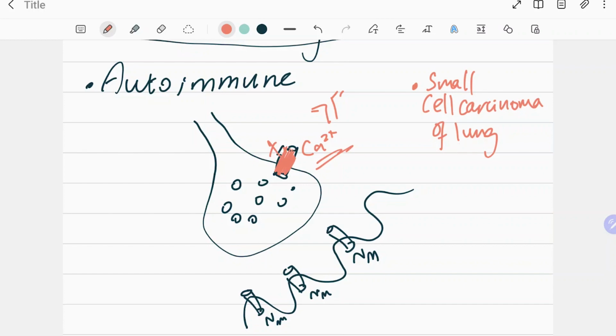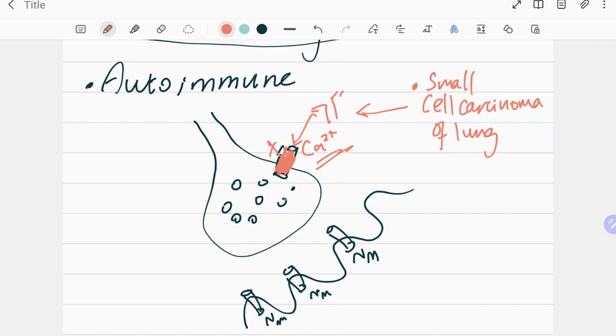It doesn't just grow and damage the lung and eat up all the nutrients which should go to the healthy tissues. Tumors can do other things. Sometimes they can release hormones and chemicals which are not required because it's unregulated. So these tumors can sometimes make antibodies. In this case, we induce the production of these antibodies that are going to damage your voltage-gated calcium channel.